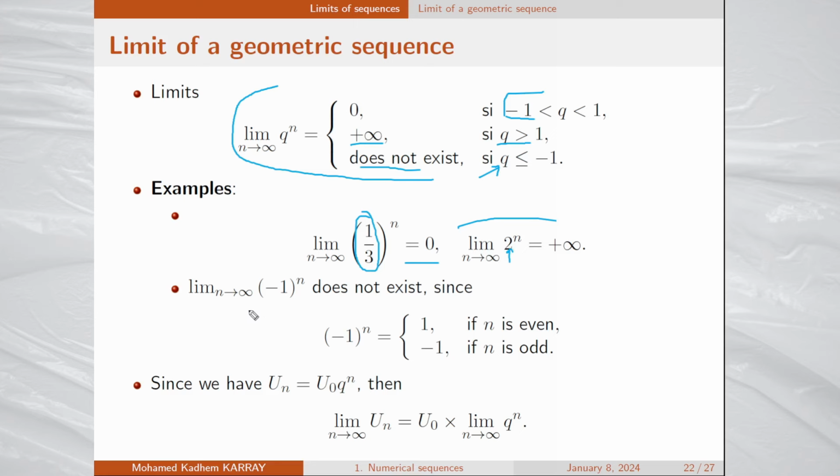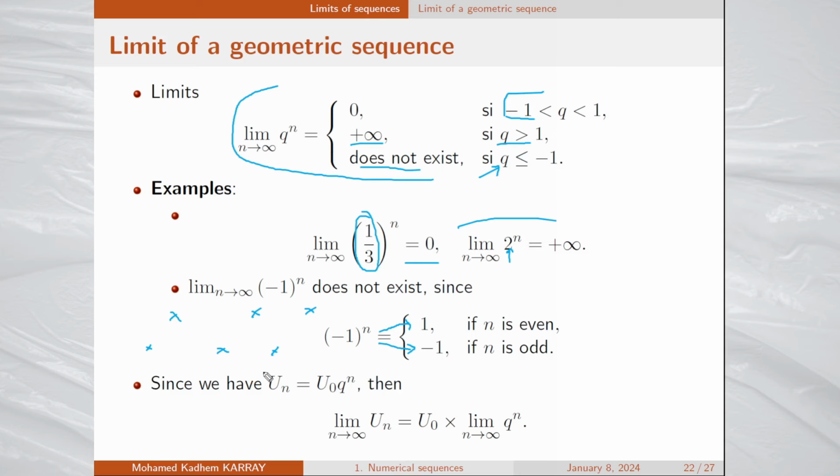Another example, the limit of -1 to the power n does not exist. Indeed, when n is even, this power equals 1, and when n is odd, this power equals -1. So this sequence goes from -1 to 1 all the time, so it does not converge to any limit.